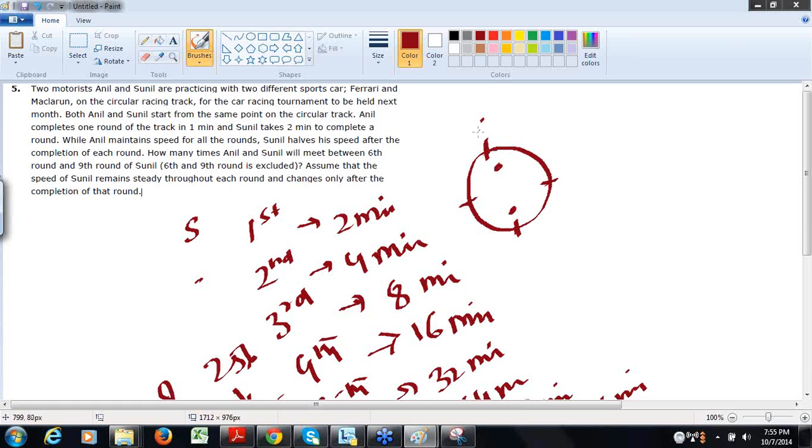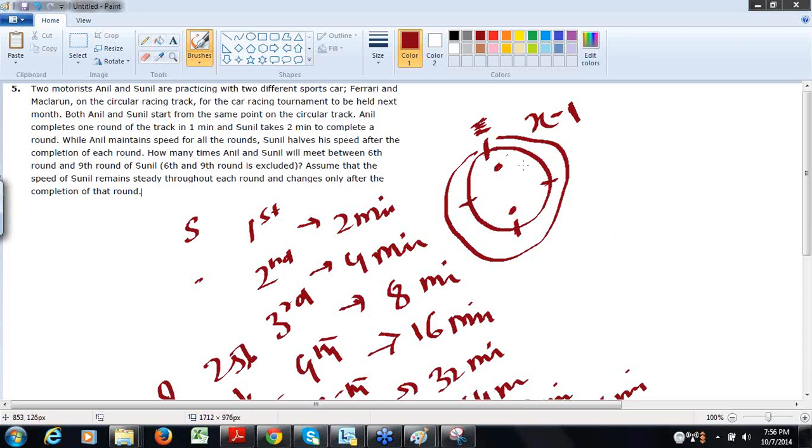When a person starts here, the other person starts here. So in one round he will meet how many times? X minus the first time he met, X from where he started. So X minus 1 times he will meet.